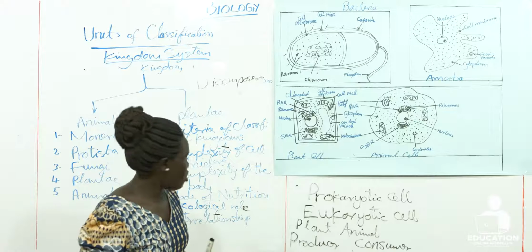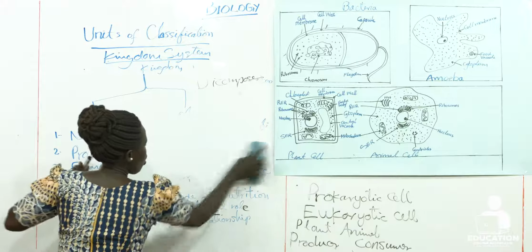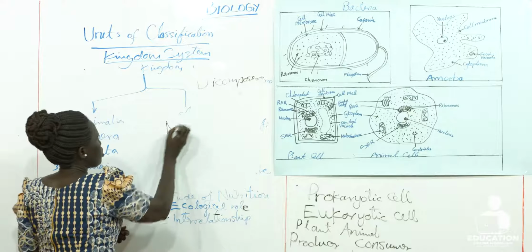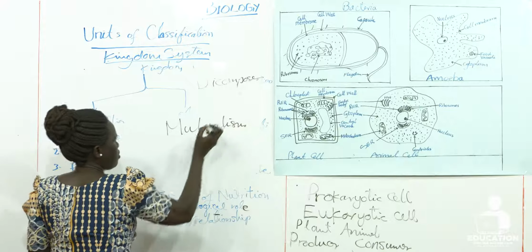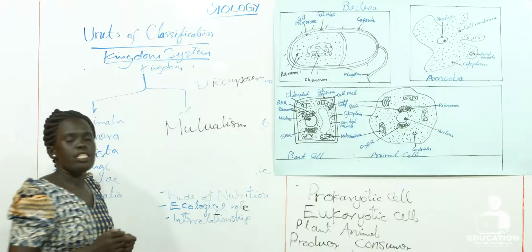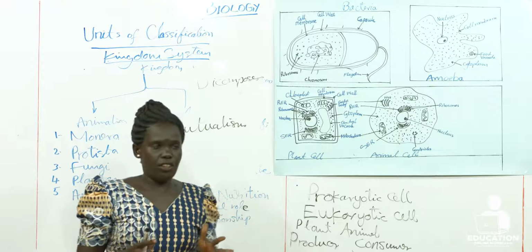That type of relationship is called mutualism. This way, two different species benefit from each other.